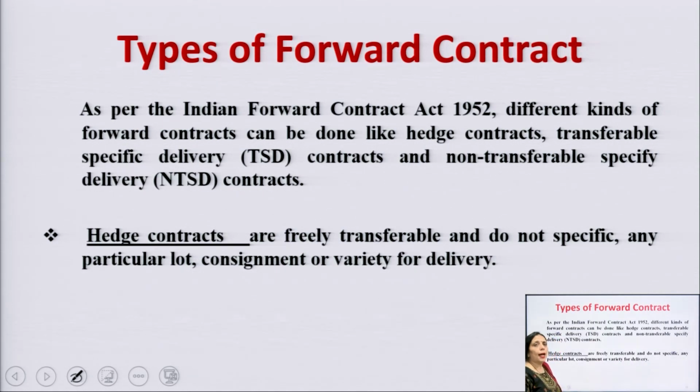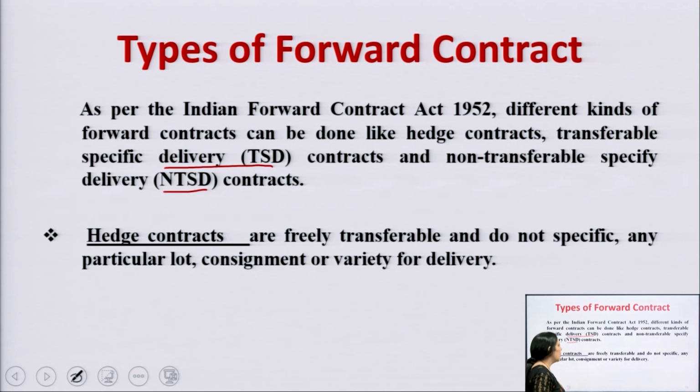Next topic is types of the forward contract. As per the Indian Forward Contract Act 1952, forward contracts are divided into three parts. One is hedge contracts, the second one is transferable specific delivery, known as TSD in short form, contracts, then non-transferable specific delivery, known as NTSD contracts.